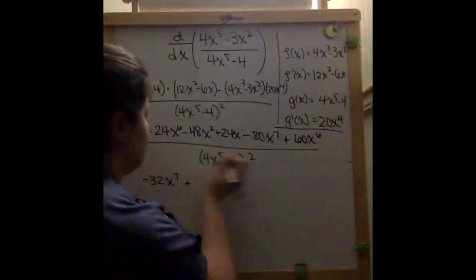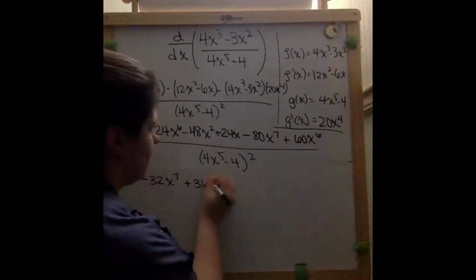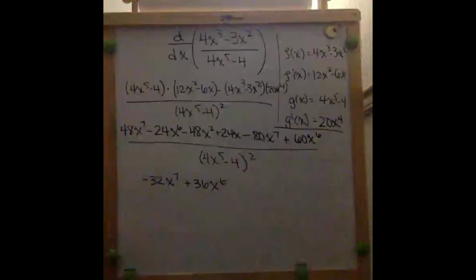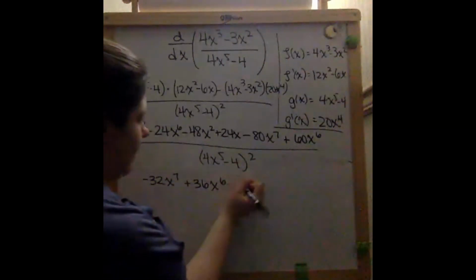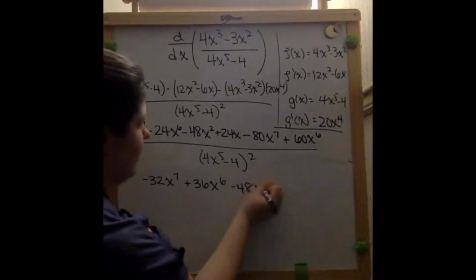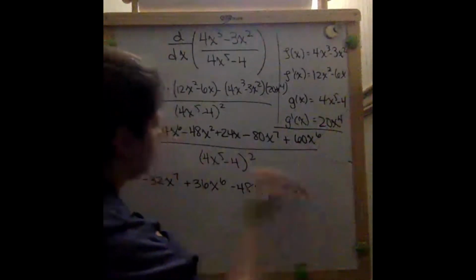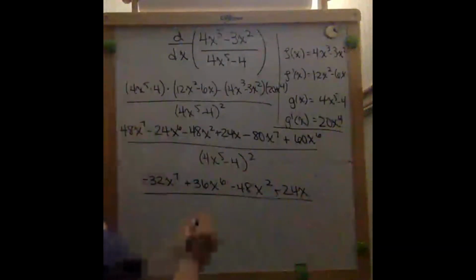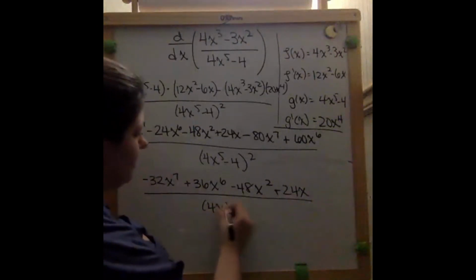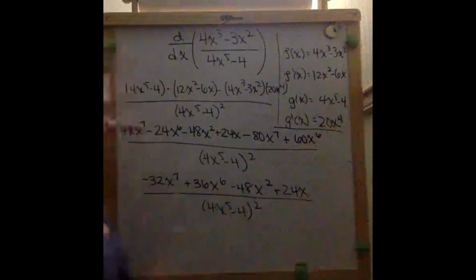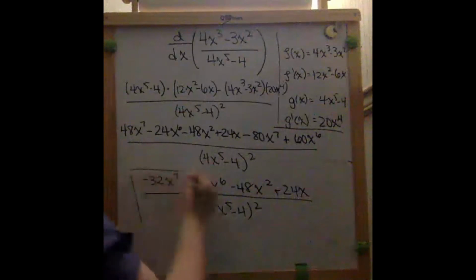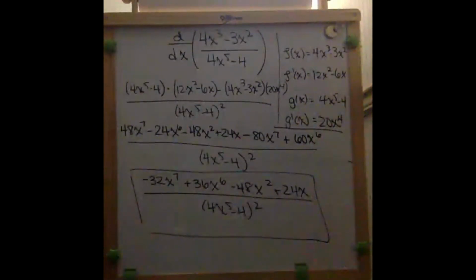That gives me a positive 36x to the 6th. Then negative 48x squared plus 24x divided by 4x to the 5th minus 4 squared. I think that is everything.